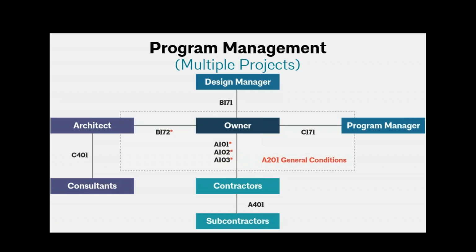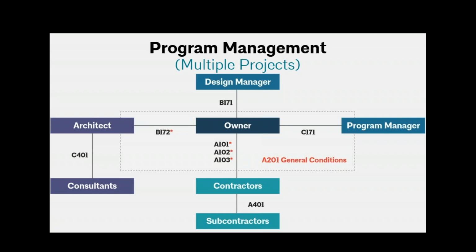Basically, a program manager is helping the owner in an advisory capacity on matters that impact the entire program during design and construction. The design manager helps the owner and the program manager in developing and establishing the program. So they develop the program's design standards, and they would typically perform SD, schematic design, and DD, design development, for each project.